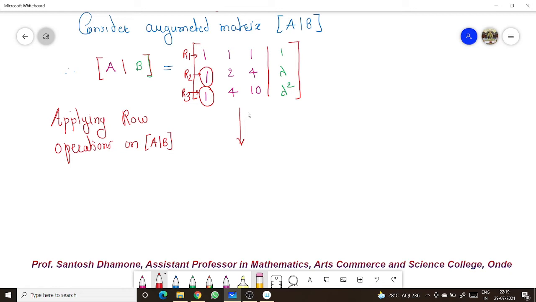Taking lambda minus 1 common, we get lambda plus 1 minus 3. Therefore this entry is lambda minus 1 into lambda minus 2. So this is the required matrix.